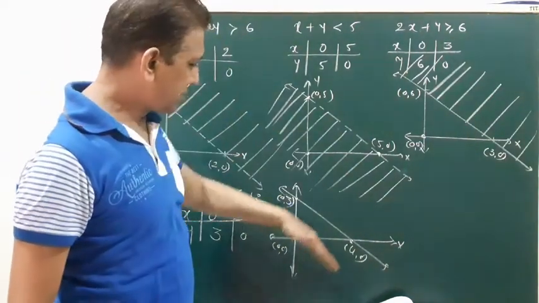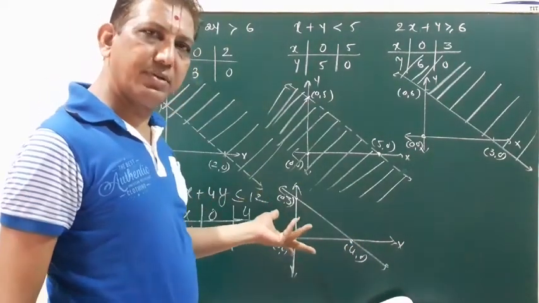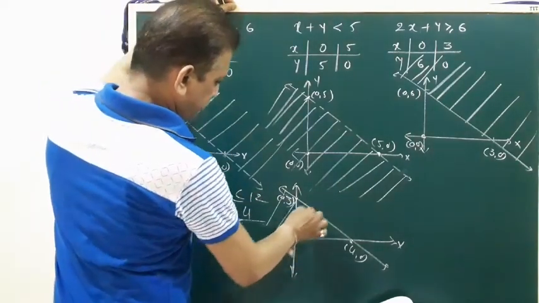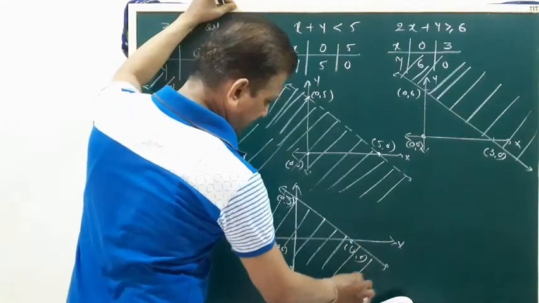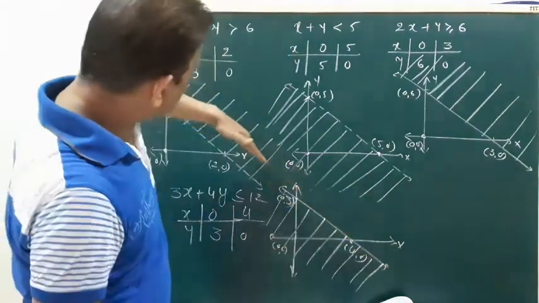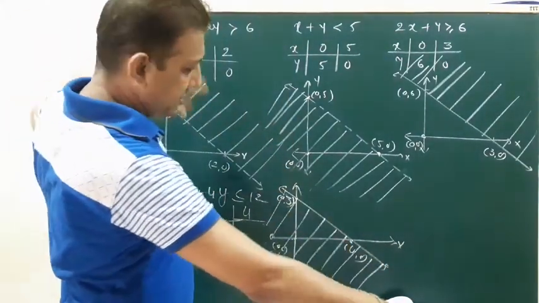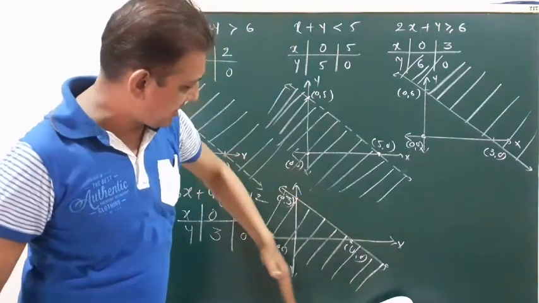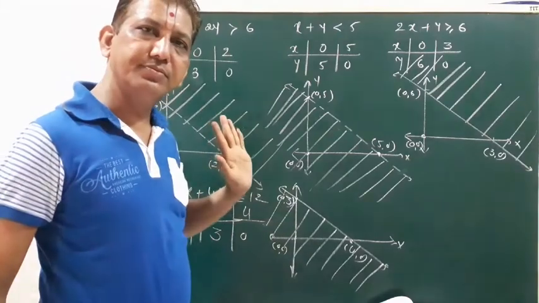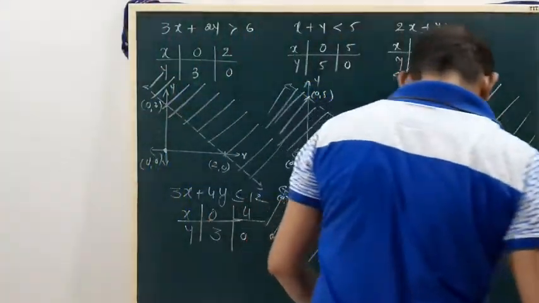Now which portion satisfies? Put 0, 0: 0 is less than or equal to 12, so this portion is satisfied. When you extend your line, all the points in the lower part are included in this graph. Clear? So this is your third question.